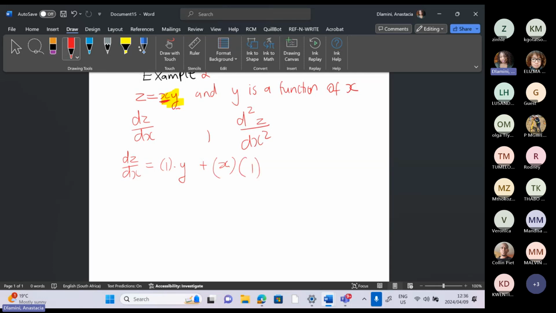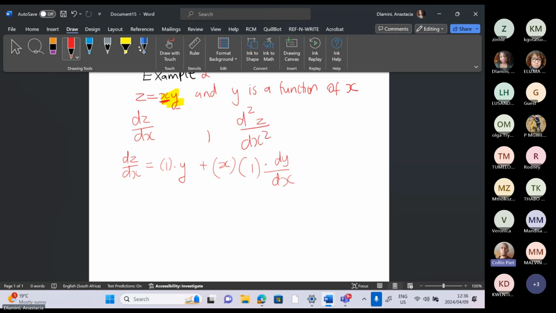But because we differentiated y and y is a function of x, we multiply by dy over dx. Are we all together? Yes, ma'am.